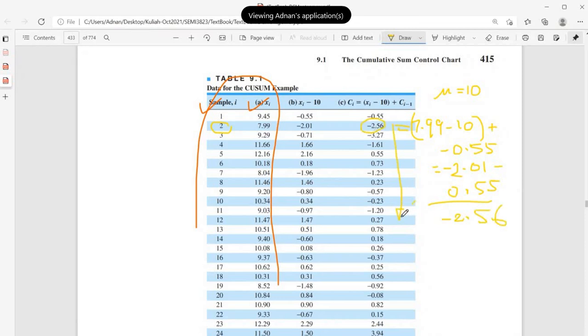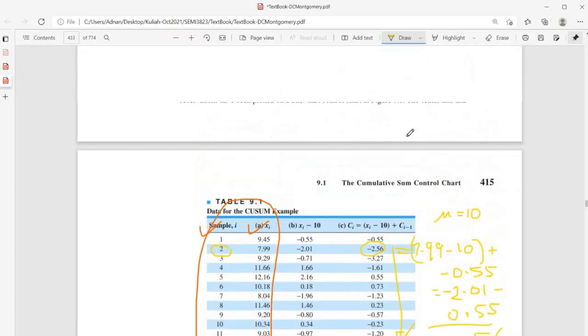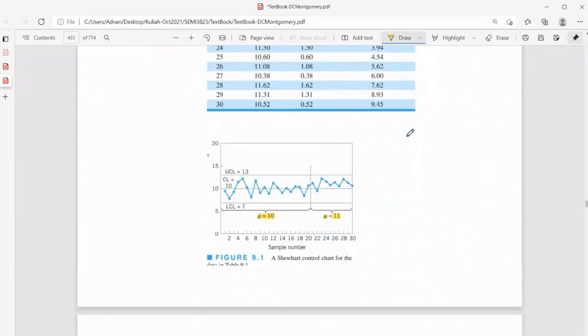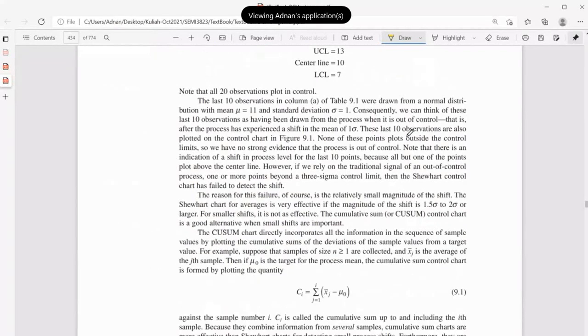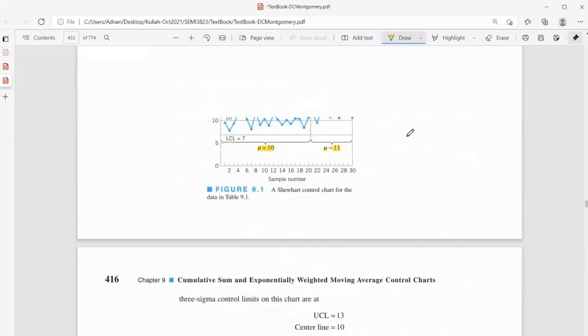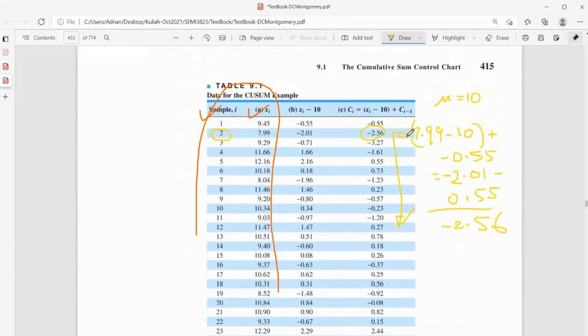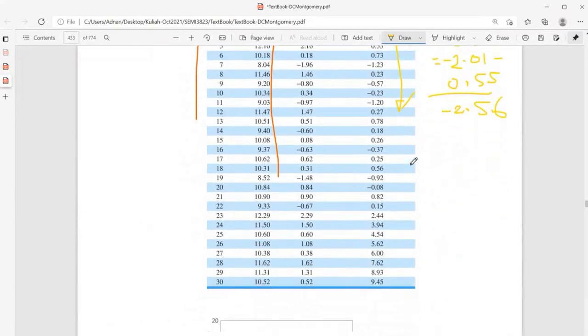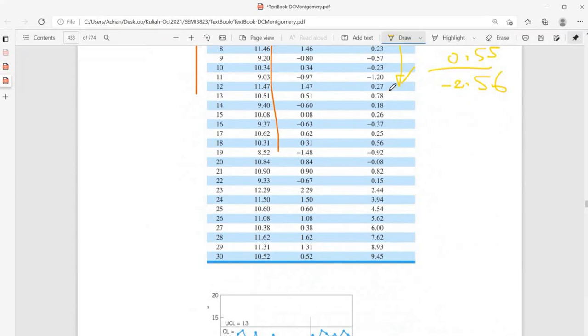Using this formula of C, when we plot this, you see the value keeps increasing, especially starting from this point, where the shift has already happened.